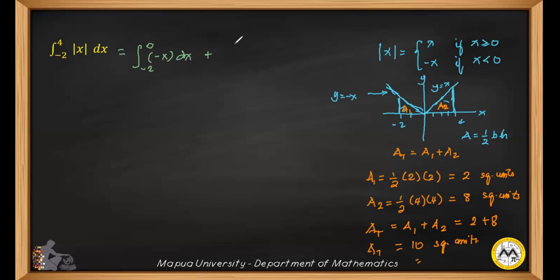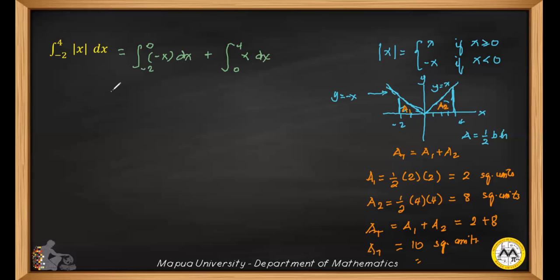Okay, then plus the integral when x is greater than 0, so it will be from 0 to the upper limit 4. And when x is greater than or equal to 0, the absolute value of x is x. So we will evaluate the integral of x dx.